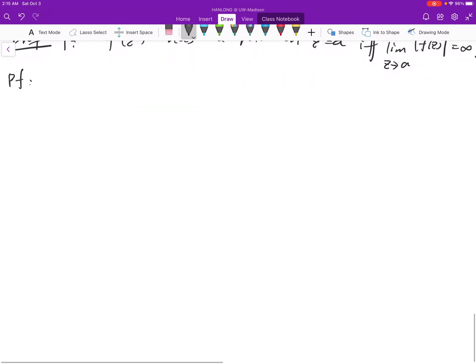I will first give the proof and then I will give some remarks about the significance of this theorem. Actually, this type of theory is just the most simple case of the so-called value distribution. Okay. So suppose C_n is 0 for, we first prove this direction.